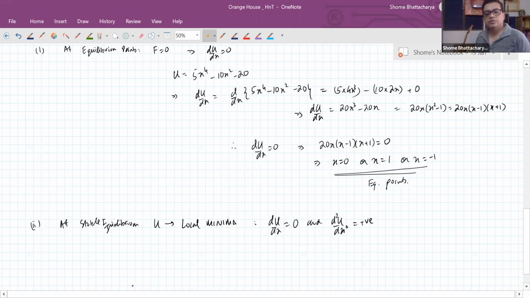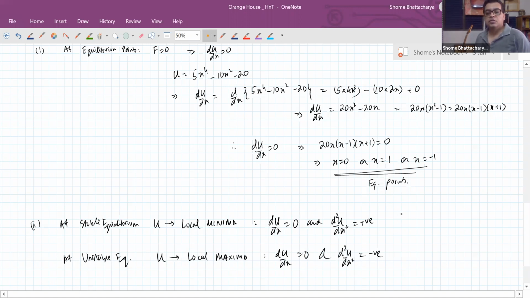Sorry, should be positive. Okay. Whereas at unstable equilibrium, you should have a local maxima. So du by dx should be 0 and second derivative should be negative.